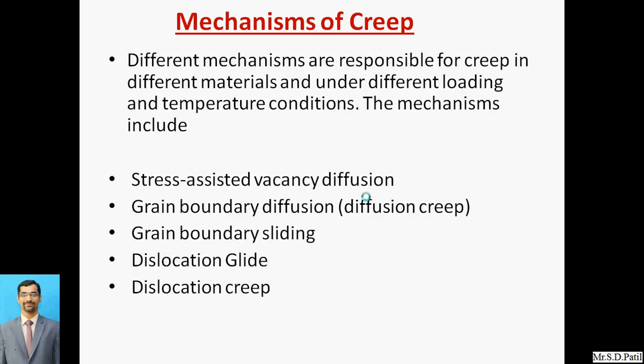Now the mechanism of the creep, how the creep is formed, that we will see. Different mechanisms are responsible for creep in different materials and under different loading and temperature conditions. The mechanisms include stress-assisted vacancy diffusion, grain boundary diffusion, grain boundary sliding, dislocation glide, and dislocation creep.